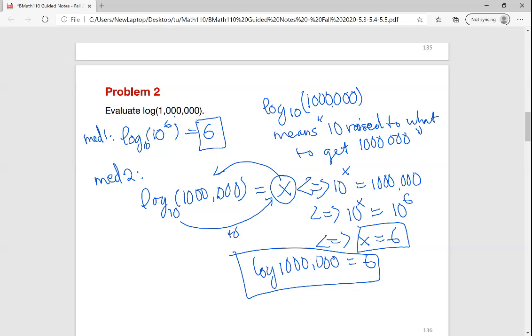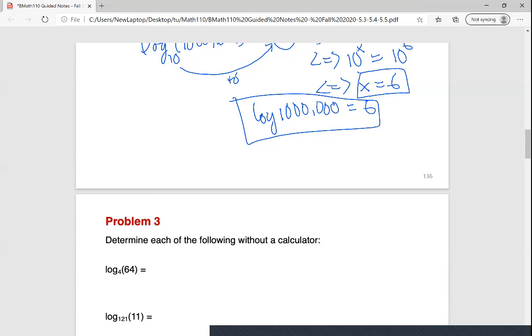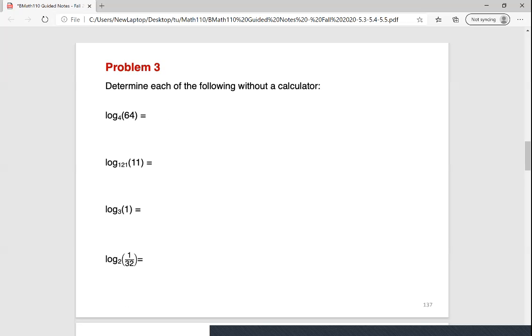Okay, so that is for problem number 2, and you have 2 methods to evaluate this. I know that the inverse property should be pretty easy for you to go with quickly.